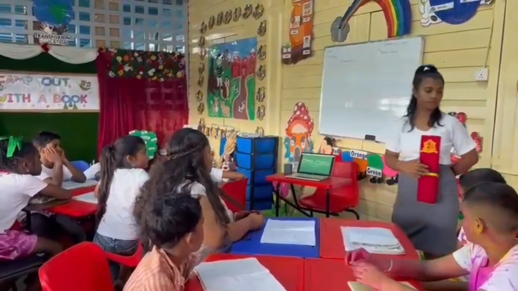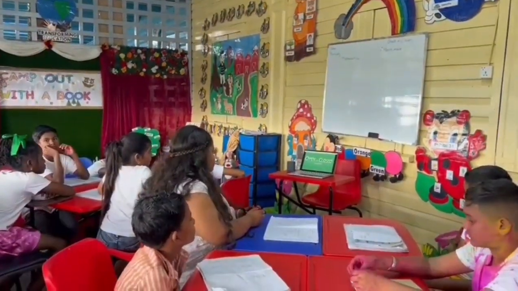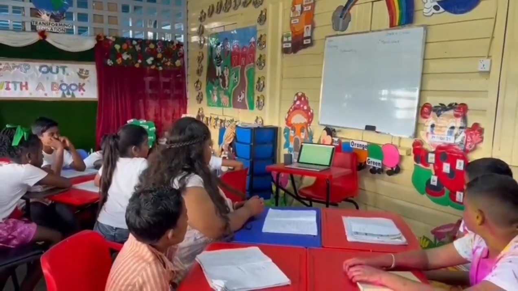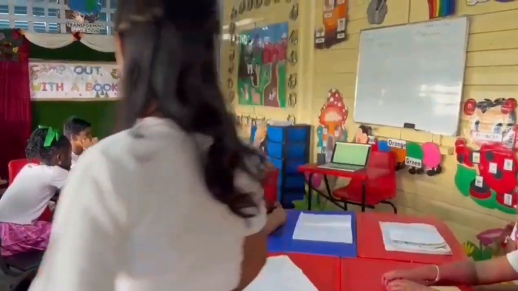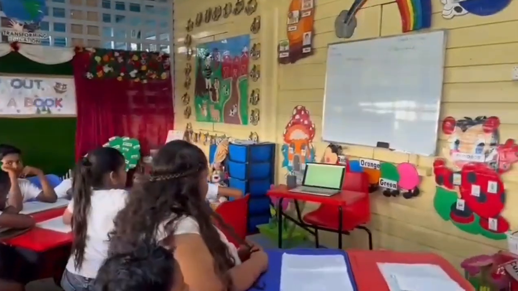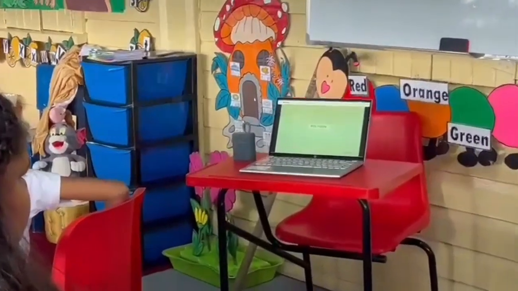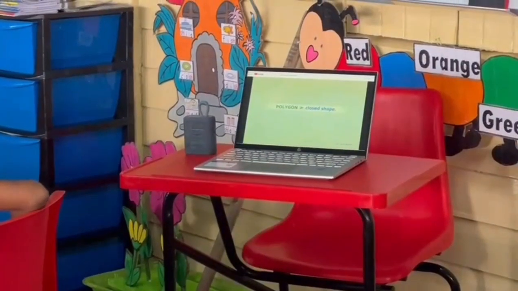Open and closed shapes. Open and closed shapes. Before we can understand what a polygon is, we must understand what it means for a shape to be closed.